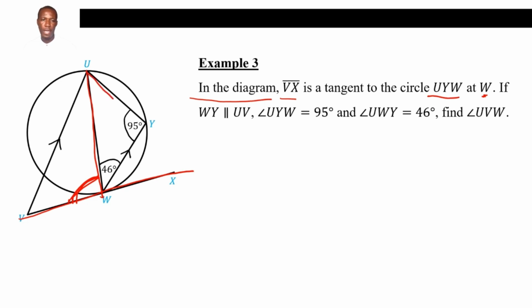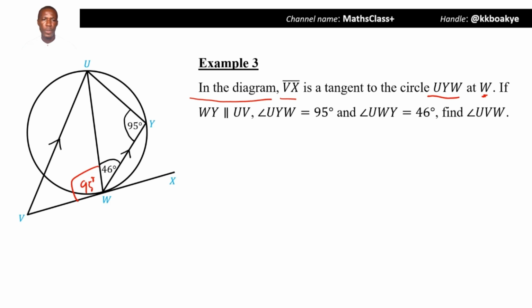So we have the chord UW subtending an angle in the alternate segment, and that angle is 95 degrees. And so we will say the angle UWV is 95 degrees. That is according to theorem 7.